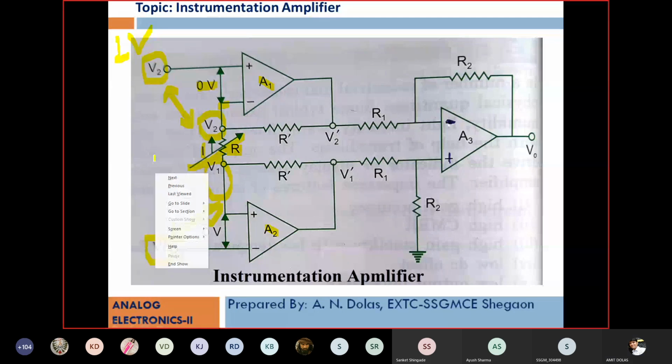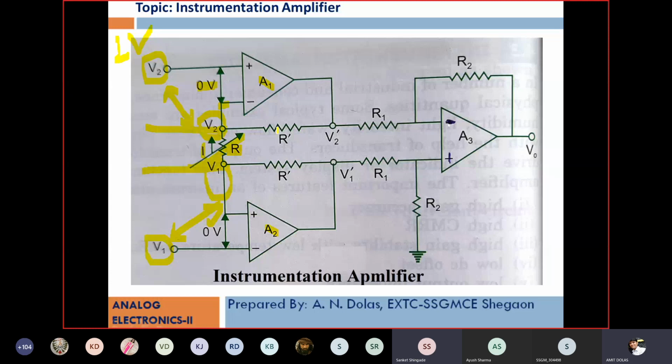Now what is the voltage drop across R? Can anybody tell me? Yes, I need an answer from your side. What is the voltage drop across R? Yes, V2 minus V1. Yes, I need a number, because I already told you what is V1 and what is V2.